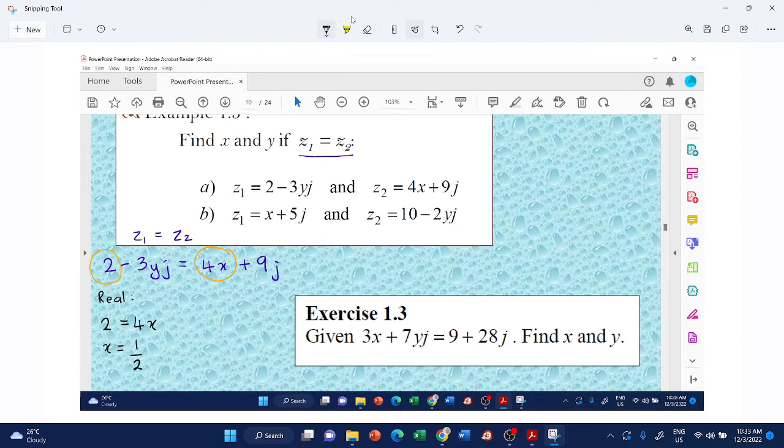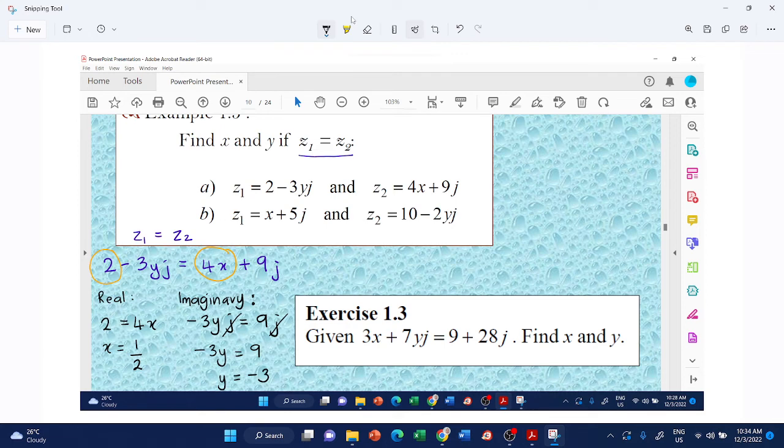Okay, so kita buat for imaginary. Imaginary is the part yang tak bulatkan tadi. Ada negative 3y j equal to 9j. Okay, so j sama kan? So j sama. So that means we have negative 3y equal to 9. So y is negative 3.